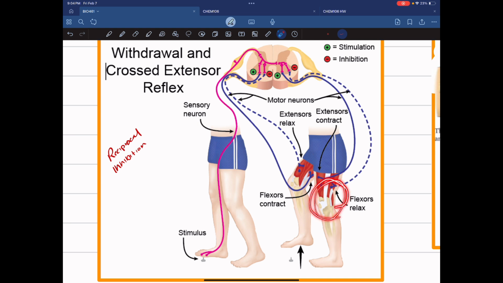Whatever contracts on this side will relax on this side, and this all happens right here. Stimulus and inhibition signals. This is called reciprocal inhibition. So when one side of the body reacts one way, our other side is going to be inverse to that to help compensate for whatever stimulus it is that drove us there in the first place.